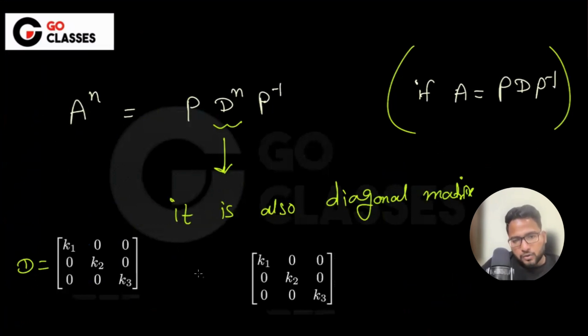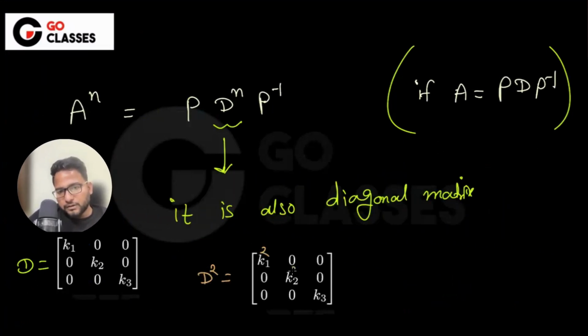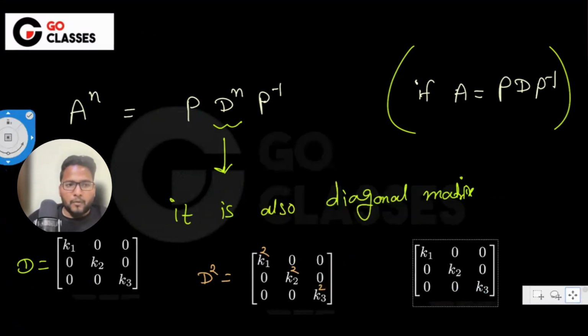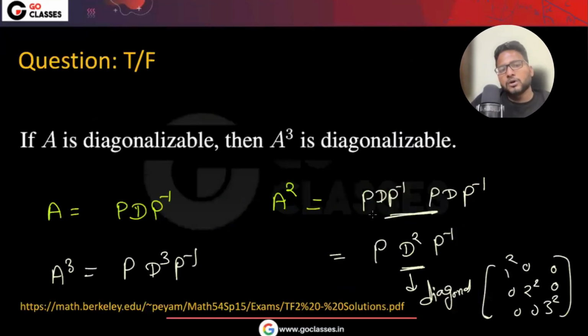If you do D square, which means multiply this by itself, then it will be very easy. D square will be this. What will be D power 3? It will be power 3. Similarly, what is D power n? D power n will be power n, power n, power n. So tell me, is this a diagonal matrix? Yes, right? So D power n is also a diagonal matrix. So if A is diagonalizable, then A cube is also similar to a diagonal matrix. And what is it similar to? It is similar to D cube.